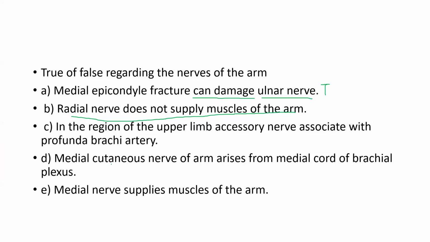Medial cutaneous nerve of the arm arises from the medial cord of the brachial plexus. So work on the brachial plexus anatomy. What are the branches here and how does the medial cutaneous nerve come off? We have the roots, anterior and posterior divisions, the cords, and ultimately the final nerves. If you work on that, you can get the answer for this one.